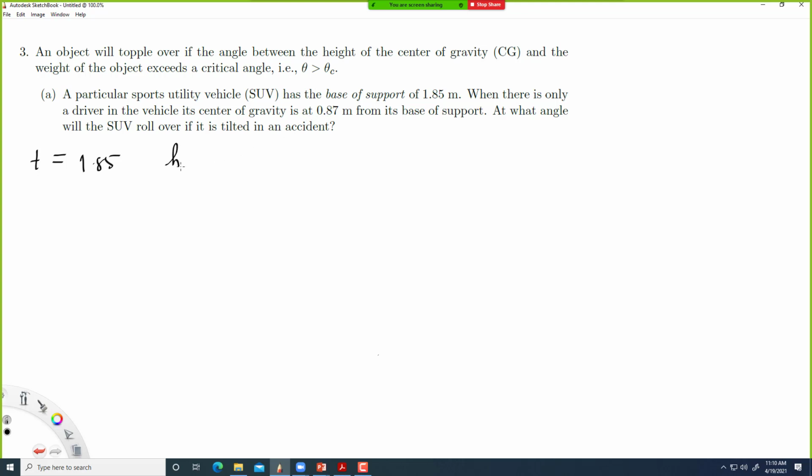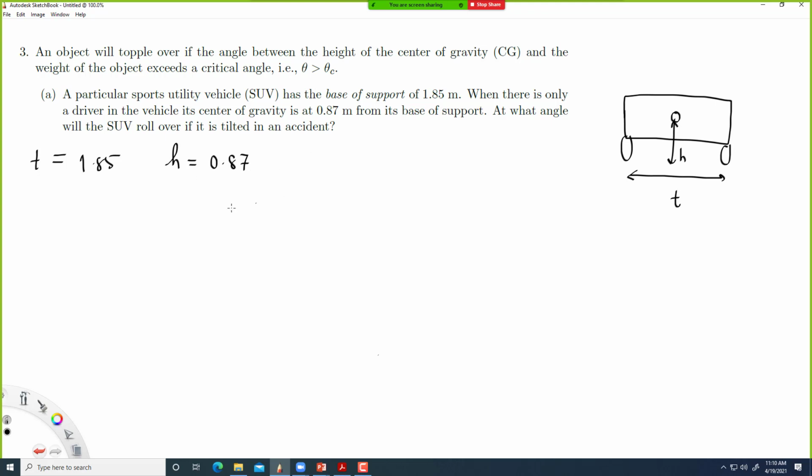So h is 0.87. Okay. So that's h, that's t. So at what angle will the SUV roll over if it is tilted in an accident?